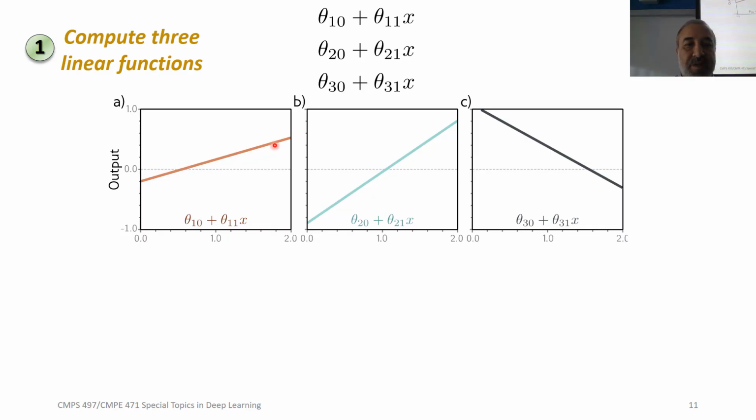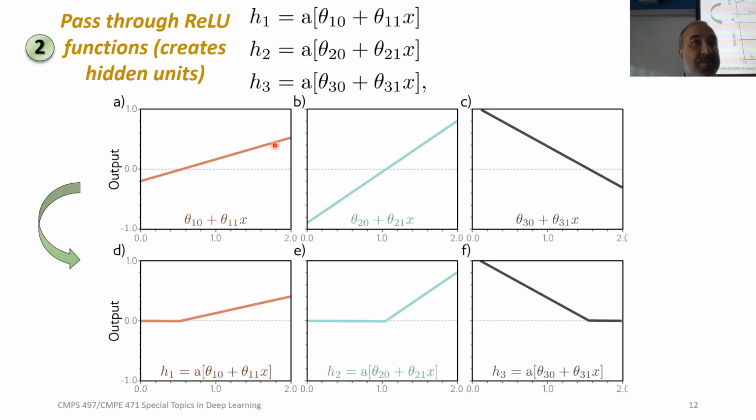That's exactly what we will see here. The negative part is gone, it's now 0, and the positive stays the same. Same here. For the third one, it's the same concept: the positive part stays the same, and the negative part is clipped.